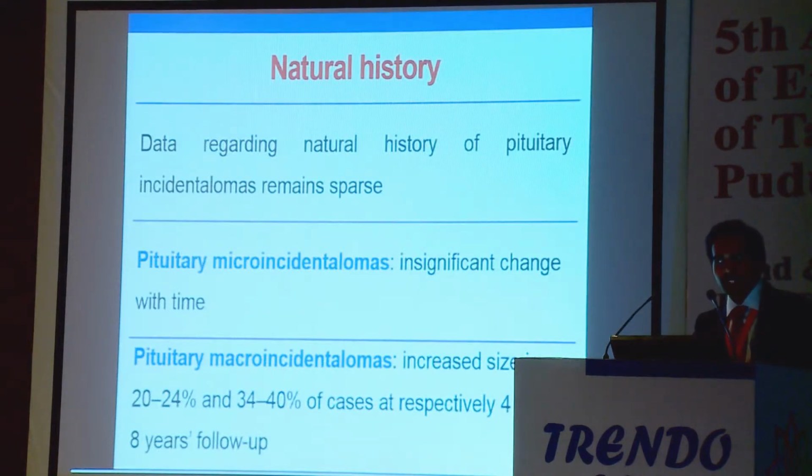Regarding the natural history of pituitary incidentaloma, we do not have much literature, and it is scarce. When it comes to microincidentalomas, we have to note that there is an insignificant change in their size with time. When it comes to macroincidentalomas, it has been noted that in 4 to 8 years of follow-up, there is a variable increase from 20 to 24% at 4 years and 34 to 40% at 8 years.